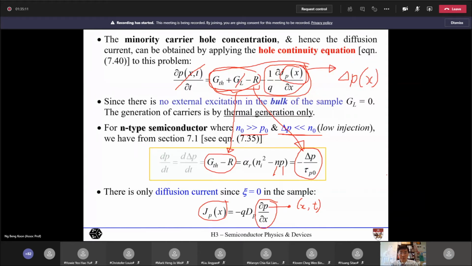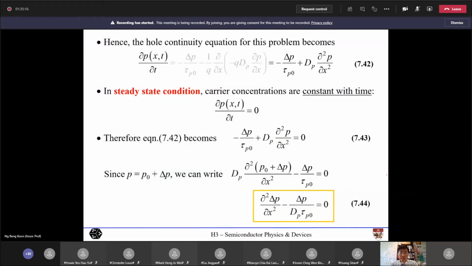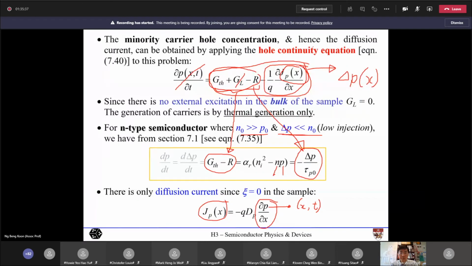So we can now put this into the remaining continuity equation. If you do that, you have this range of terms equal to 0 on the left-hand side, because this is steady state condition. Notice the derivative term: we have the partial derivative of the current density with respect to position, and the current is just the partial derivative of concentration.